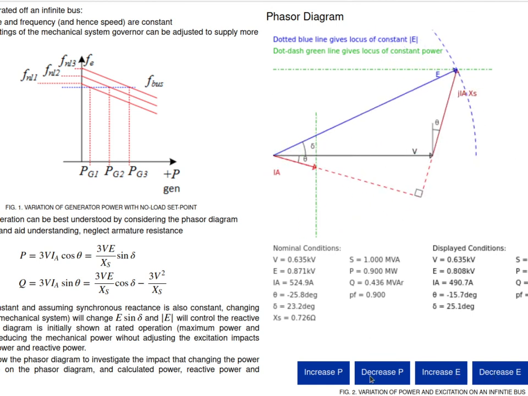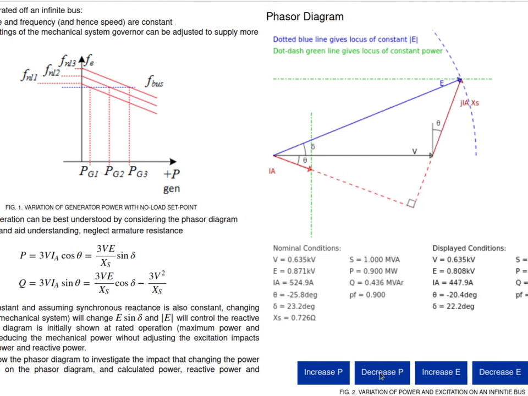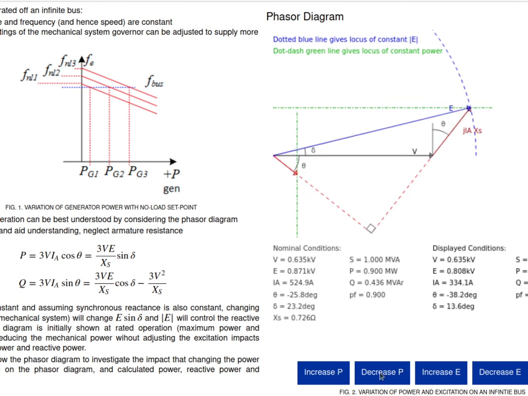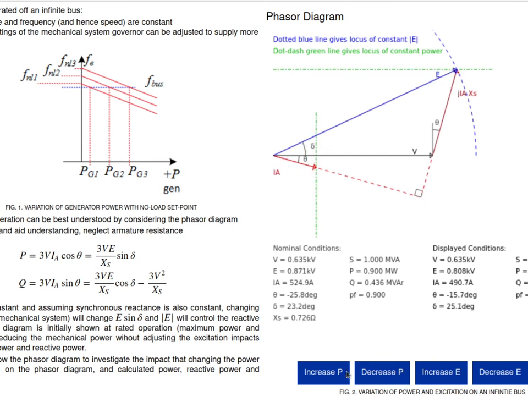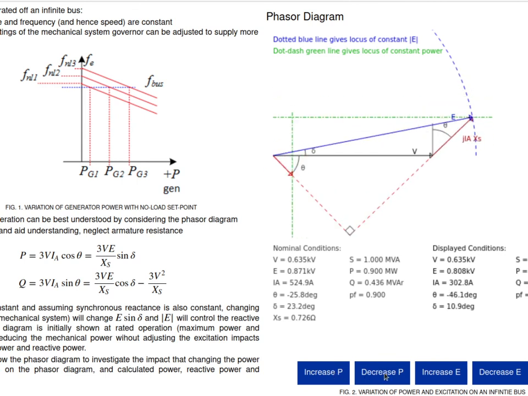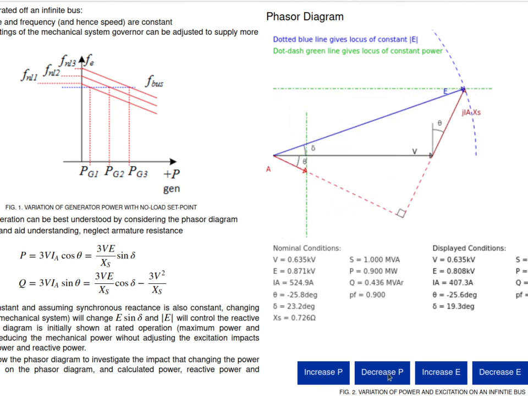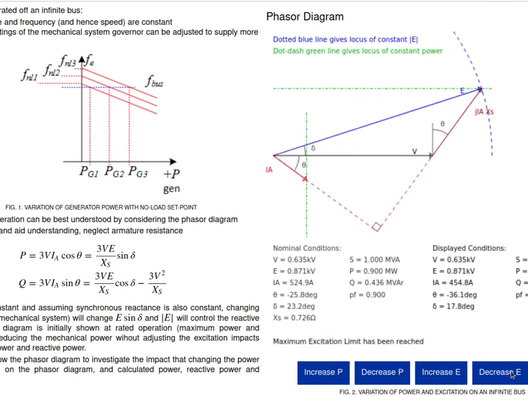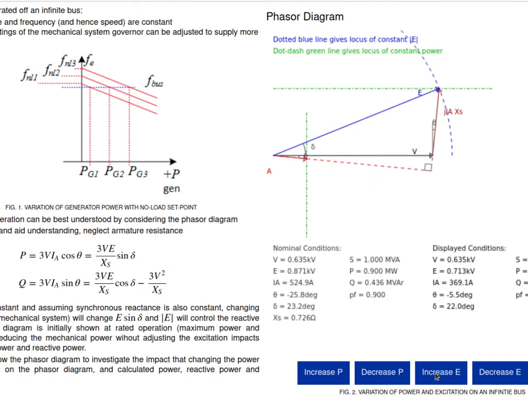And if I am changing the power, then that green arrow is just coming up and down. So that one is going up and down by changing power, or you can increase EF and then you are moving along the horizontal line.